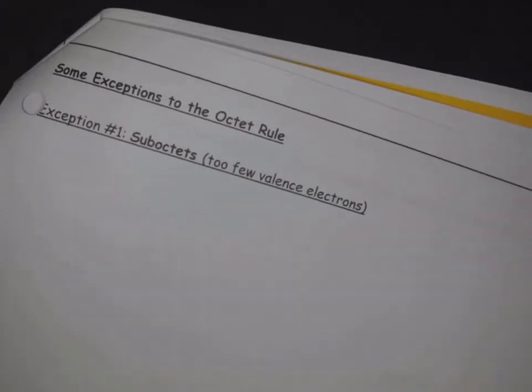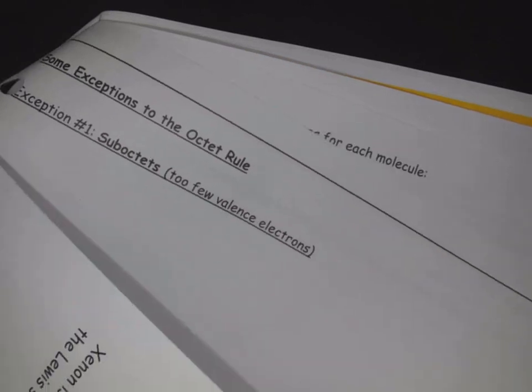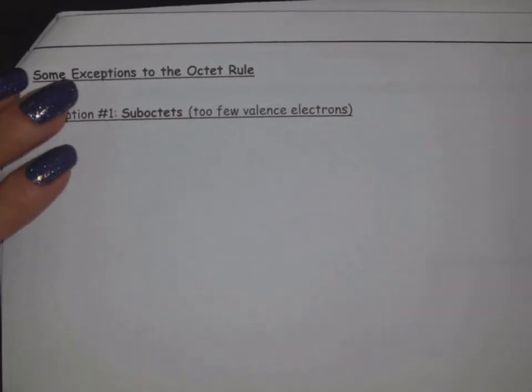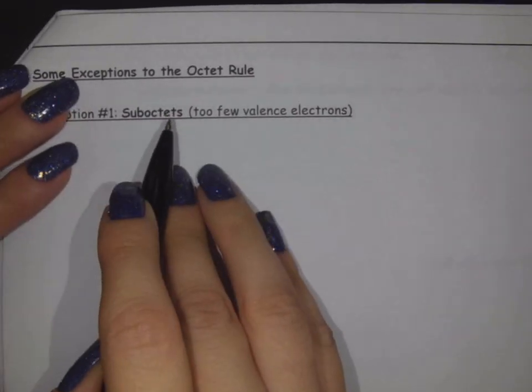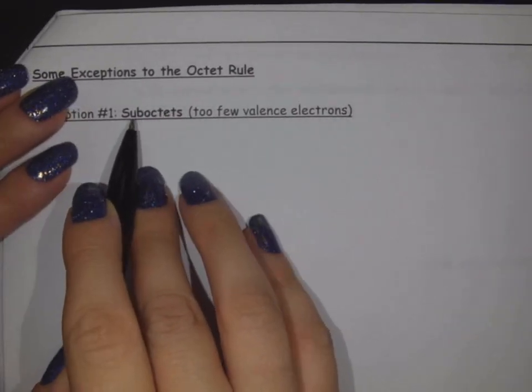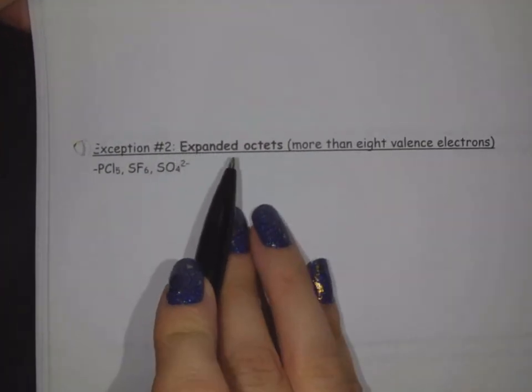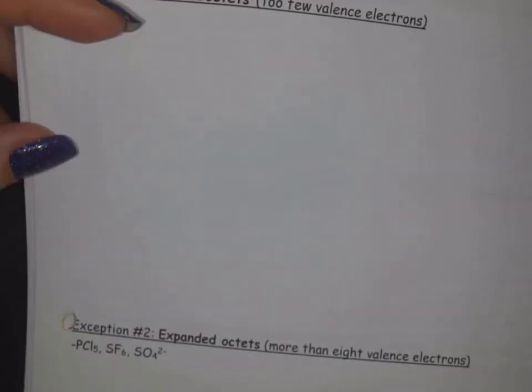Okay. We're going to end this lecture by talking about suboctets and expanded octets. Suboctets mean sub or less than 8, where expanded octets mean more than 8. Okay?